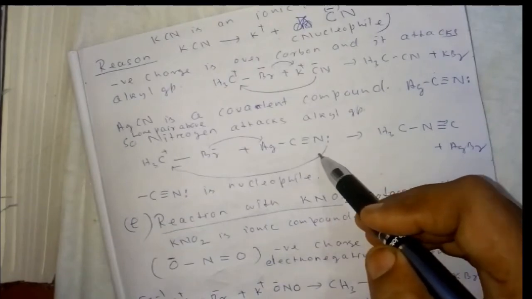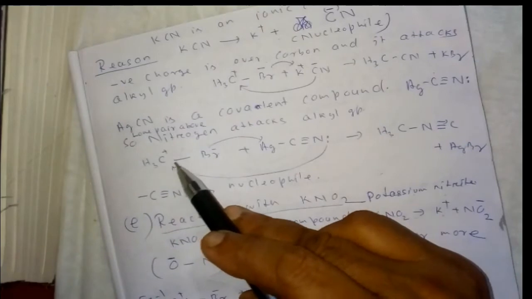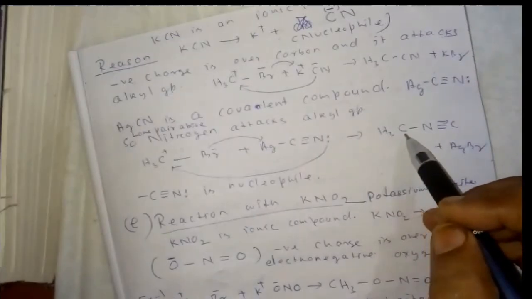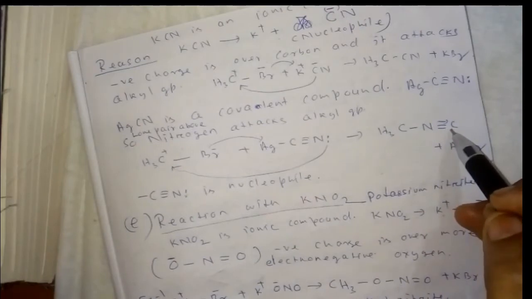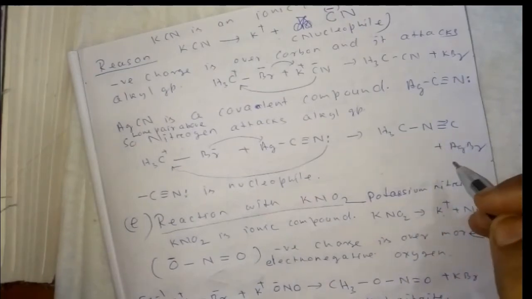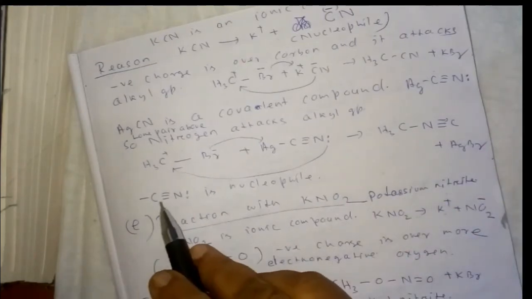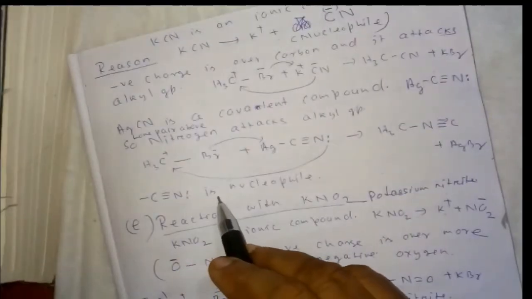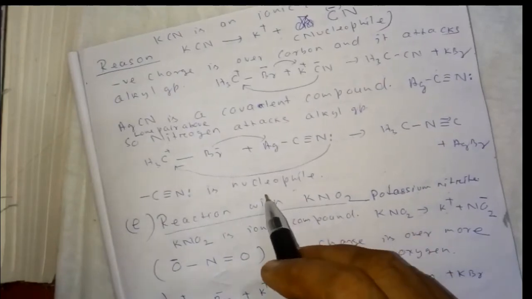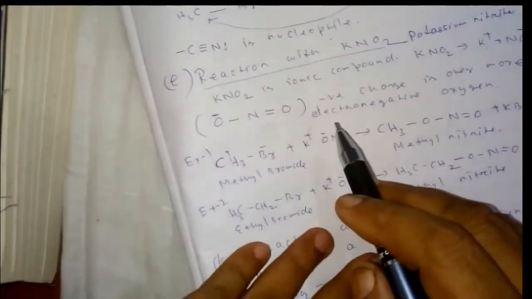So this will attack the carbon, and Br− will attack silver. So we will get CH3NC plus AgBr. Here in C≡N, the lone pair is the nucleophile. Do you understand? So what is the reason for two types of product?